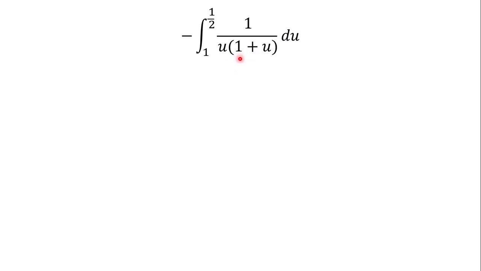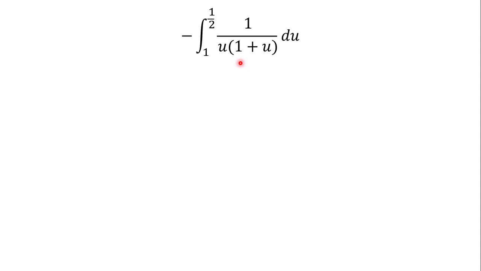Let's say after factorizing this one, the power of this one is 1. The power of this one is also 1. So the power isn't more than 1. So it therefore makes it a linear factor. And therefore, to use the partial fraction, we apply the linear factor.